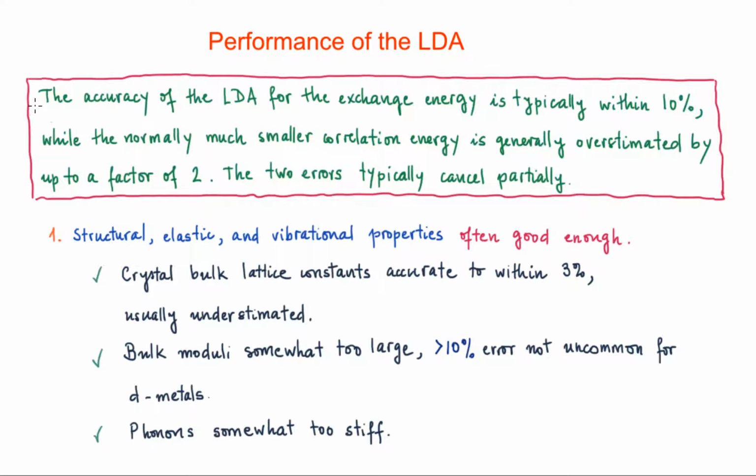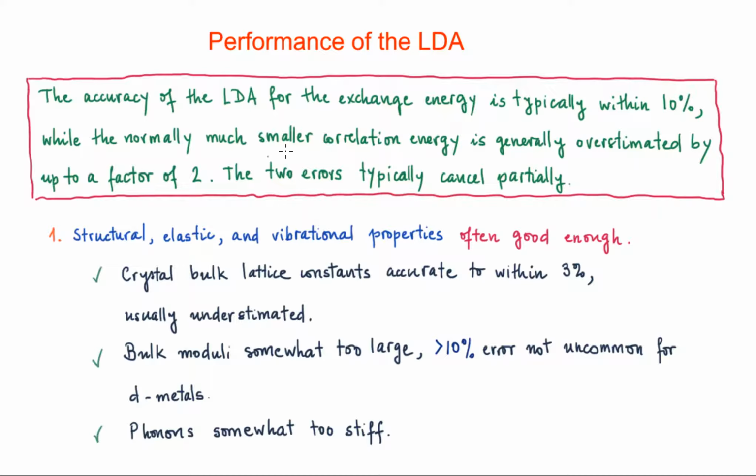And actually, the key feature for the success of the LDA in analyzing different properties is in this square here. The accuracy of the LDA for the exchange energy is typically within 10%. So we have a 10% error for the exchange energy, and the exchange energy you are getting within the LDA is actually smaller than the exact one.